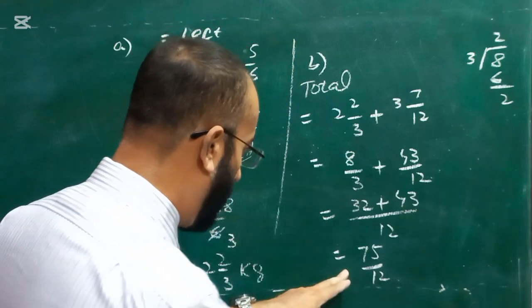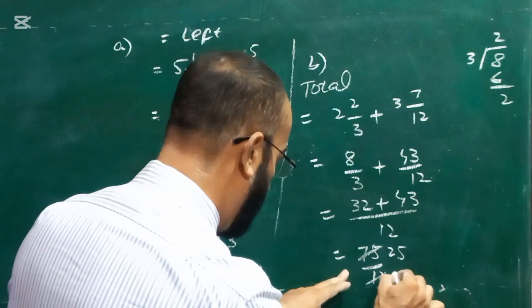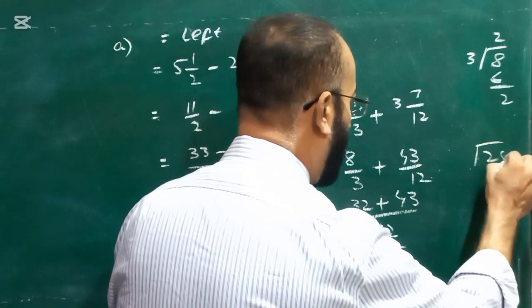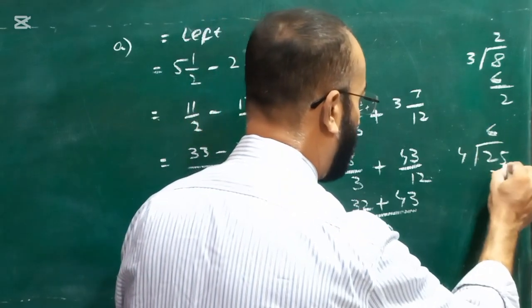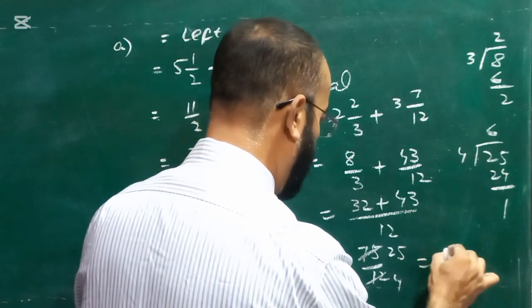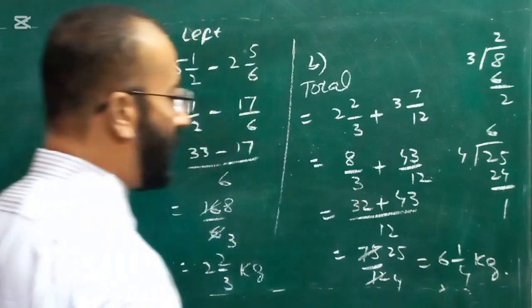Rather, first cancel them. So 3 2s are 6, 3 5s are 15, and 3 4s are 12. So this is the fraction now. Now divide it. 25 inside the bracket, 4 outside. So 4 6s are 24. 1 is remainder. So 6 whole number 1 by 4 is the answer in kg. So this is the final answer.